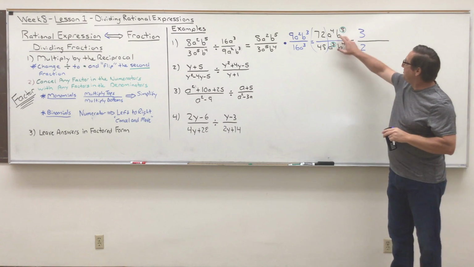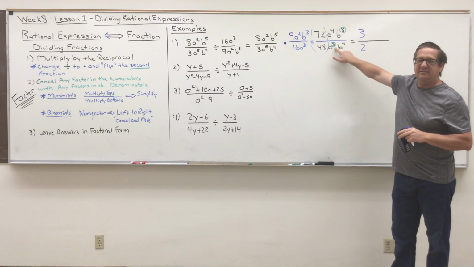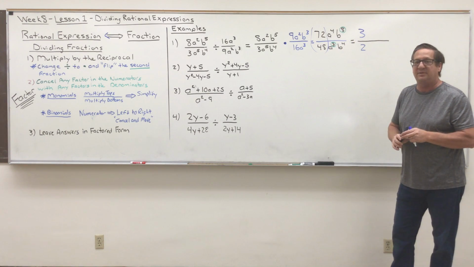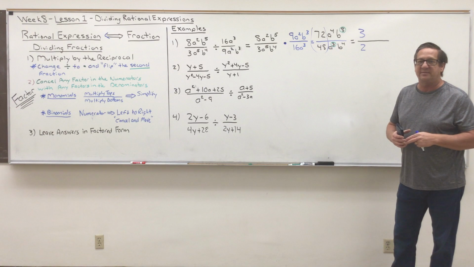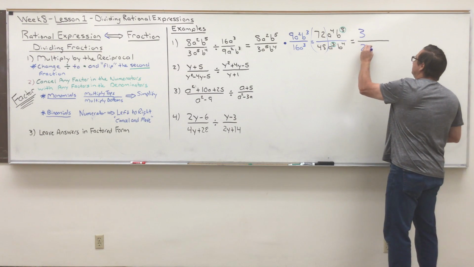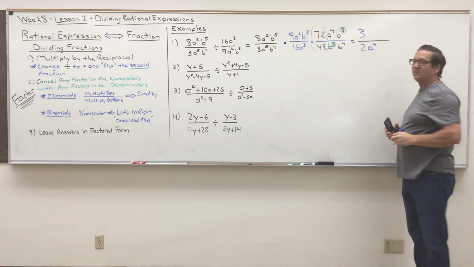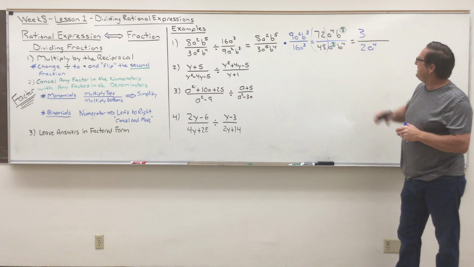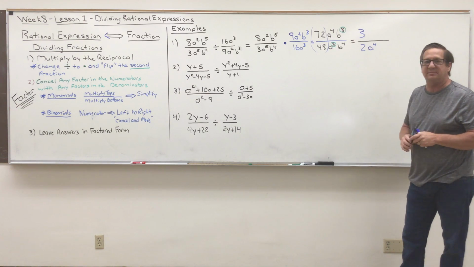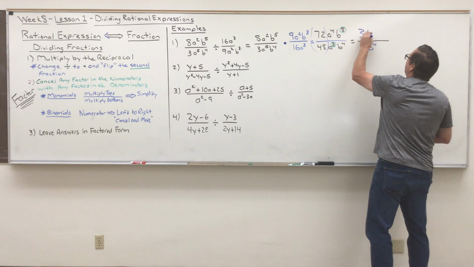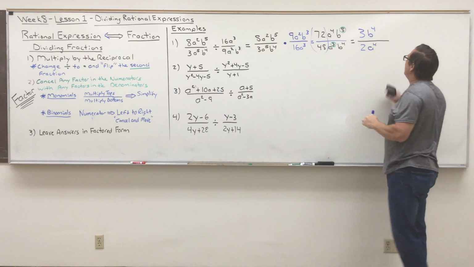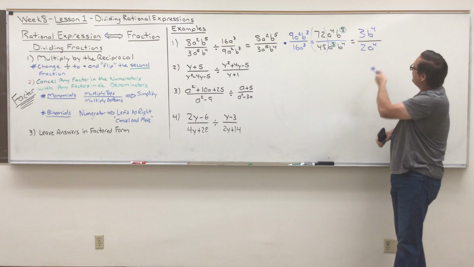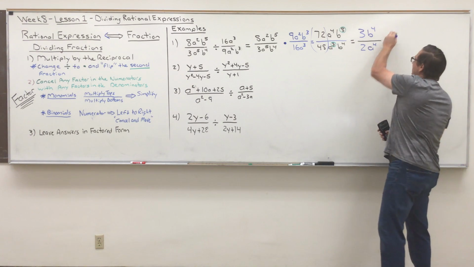Instead of applying a property where we do 4 minus 8, get a to the negative 4th and flip it, we say I have 4 a's on top, I have 8 a's on the bottom, so there are 4 more a's on the bottom. I have 8 b's on top, I have 4 b's on the bottom, so I have 4 more b's on top. I look at it, it looks good, and I am done.